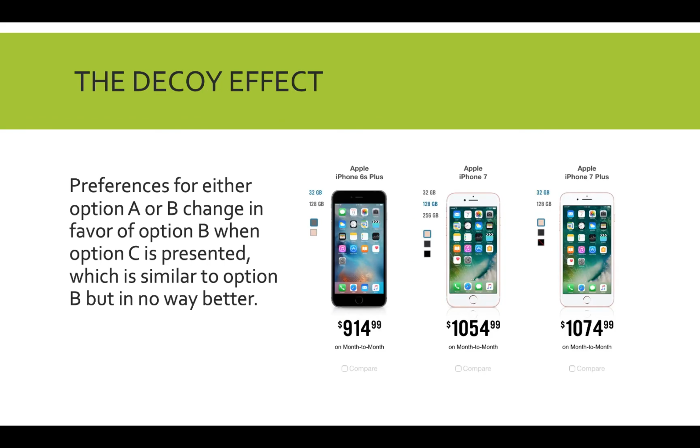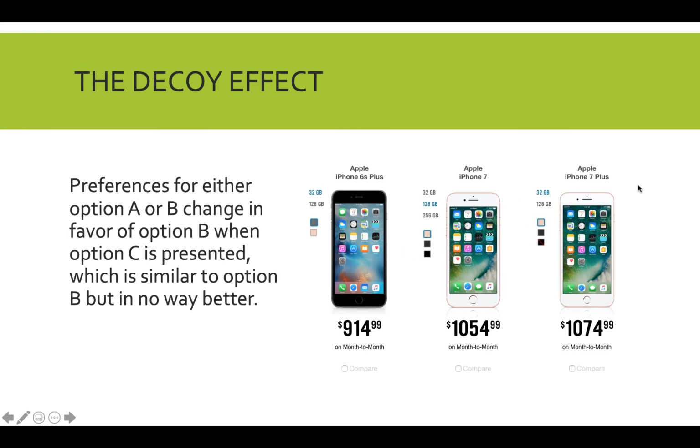The decoy effect is when you change an option of A or B in favor of B when C is presented. So I know that's a mouthful. So if you were presented with an iPhone for $914, and then you were presented an iPhone for $1,054, you're going to go, well, heck no, I'm not going to spend an extra $100 on that second iPhone.